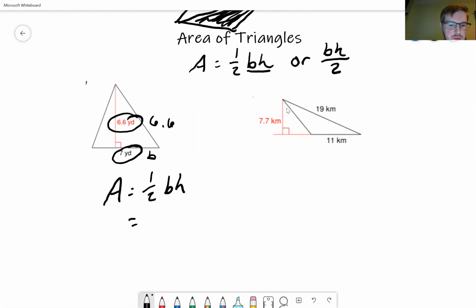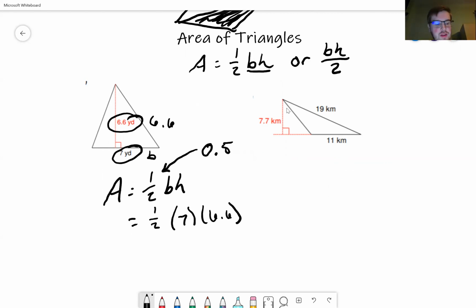So you would do 1/2 times 7 times 6.6. Now, before I do the problem there, if you want to use the decimal 0.5 because it's easier for you to type that in your calculator, especially if you're using like your smartphone, I'm fine with that.